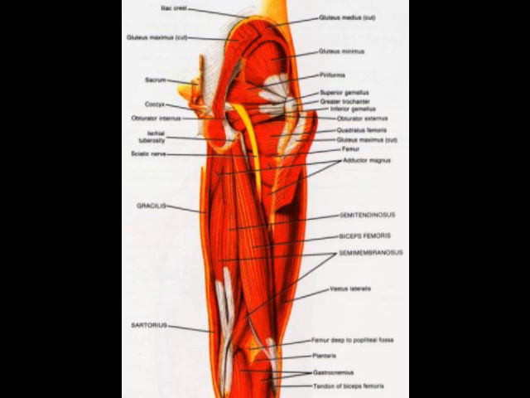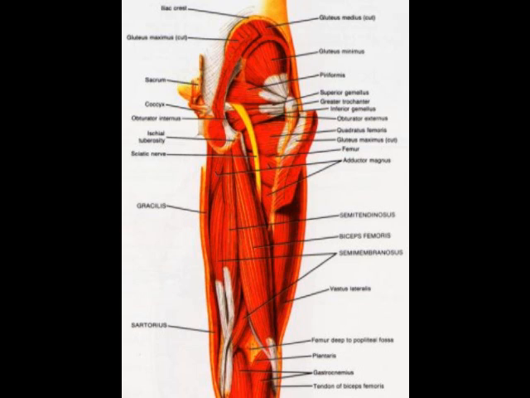Okay, this picture is actually the posterior or back view of the thigh muscles and the muscles of the buttocks, as well as some other parts I'm going to point out here. Starting from the top is the iliac crest, which is basically the outer edge of the ilium bone that we talked about for the pelvis, one of the major big parts of the pelvis.